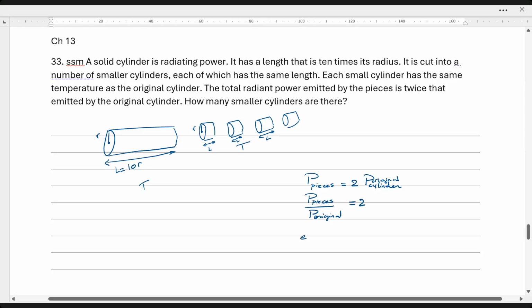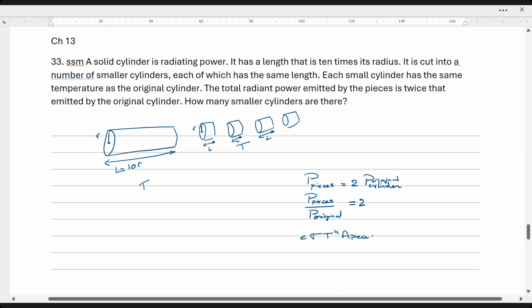So for the radiation heat transfer, we are given that the power is equal to the emissivity times sigma, which is the Stefan-Boltzmann constant, times the absolute temperature of the object to the power 4, times the surface area of the objects.